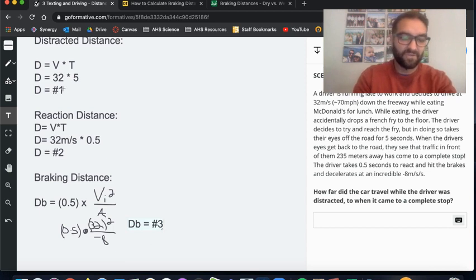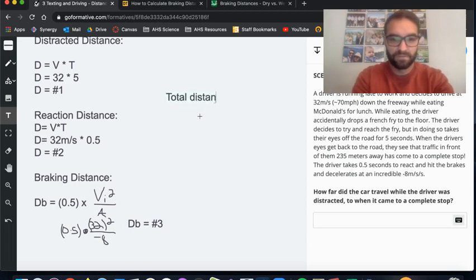So now we need to add for the total distance equals number 1 plus number 2 plus number 3. These are the answers: the answer to problem 1, the answer to problem 2, number 3.